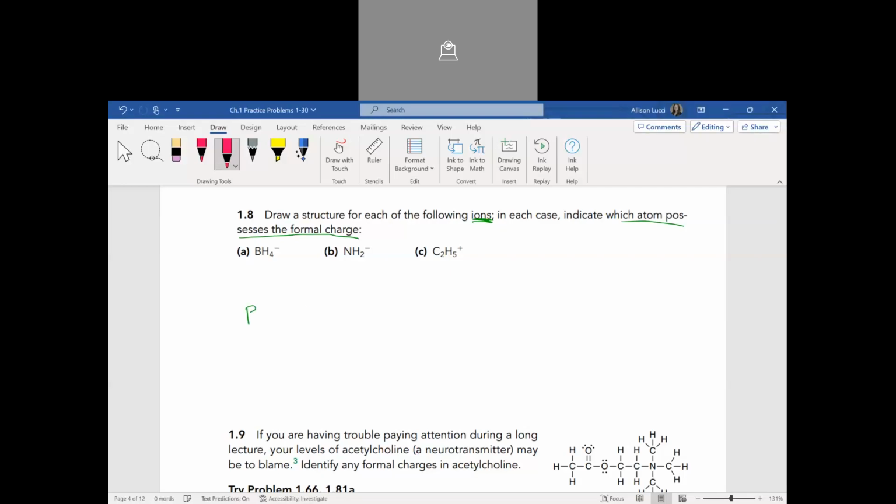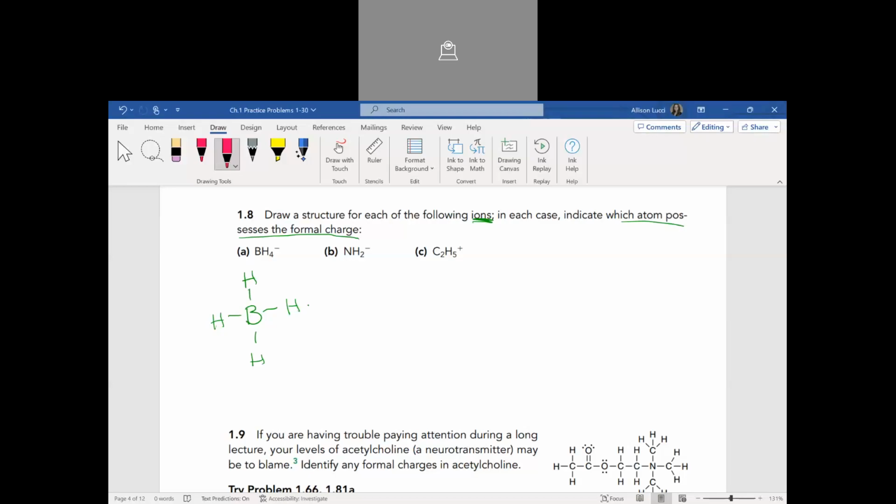So I'm going to just draw out what we know would be the final product after doing a valence electron count and doing a Lewis structure for this compound here. By the symmetry rule, we place boron in the middle. It's the least electronegative, so it would also go in the middle, and then we surround it with the 4 hydrogens.